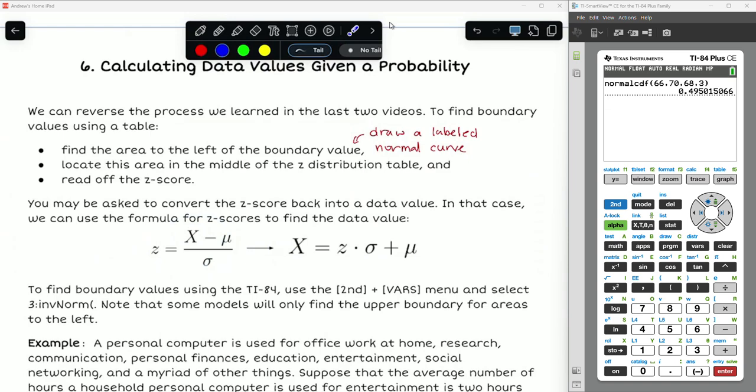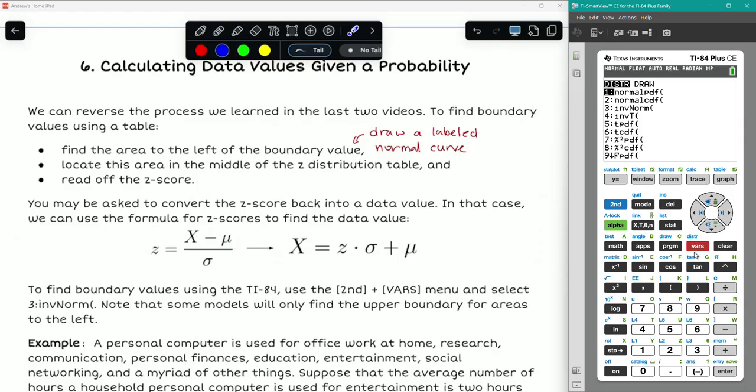If we're doing it with our calculator instead of with a data table, we're going to use a command under the distribution menu, second vars, and it's called inverse norm. Inverse normal, it's option 3. And depending on your calculator model, you may be able to do areas under the curve other than left tails.